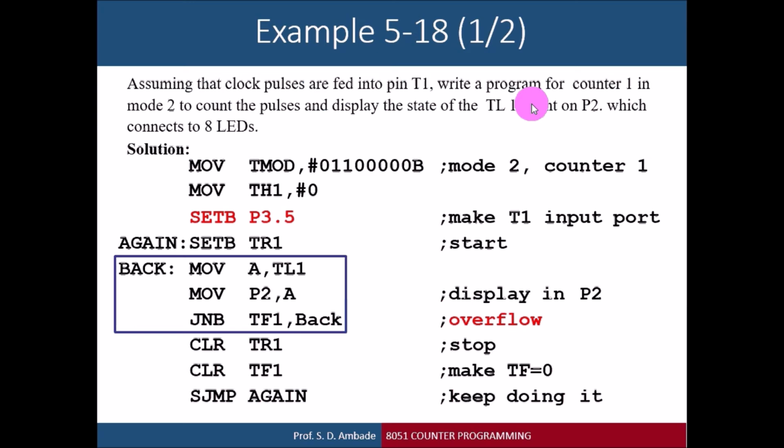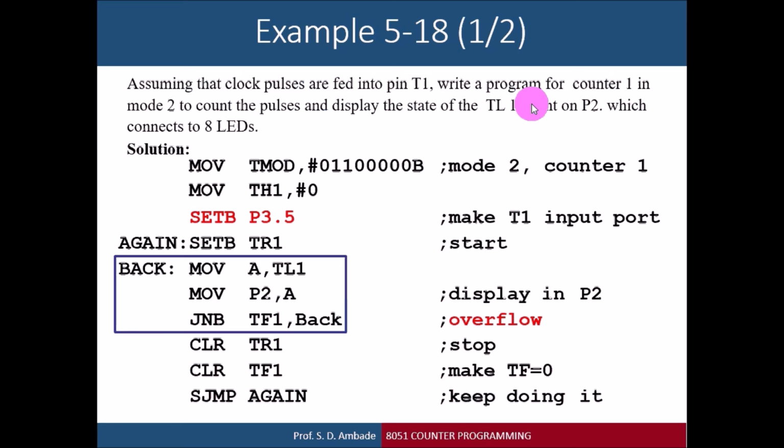Here we have to get input in the P3.5 pin. For getting the input, we should make it an input port. For that, we should place 1 on that pin. So we use the instruction SETB P3.5 to make T1 an input pin.